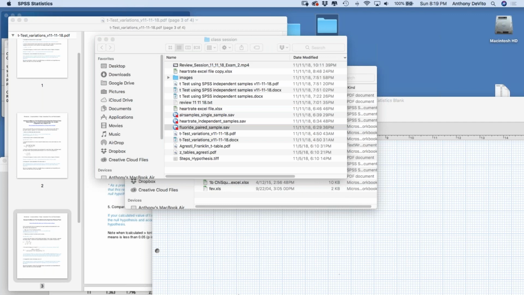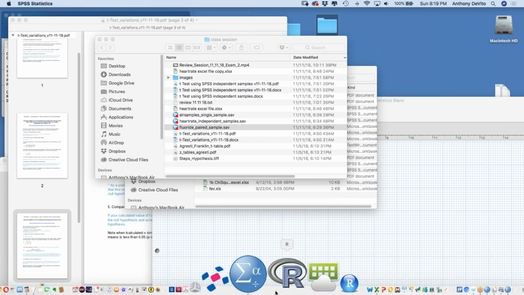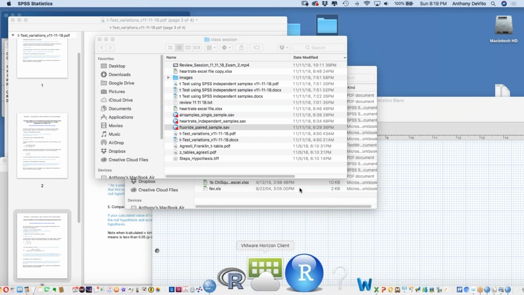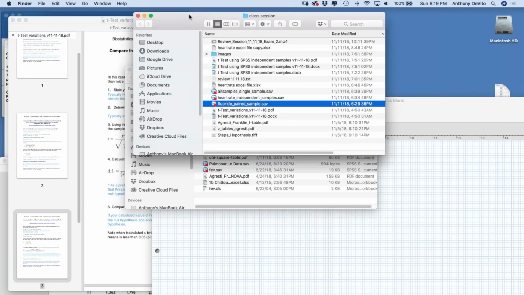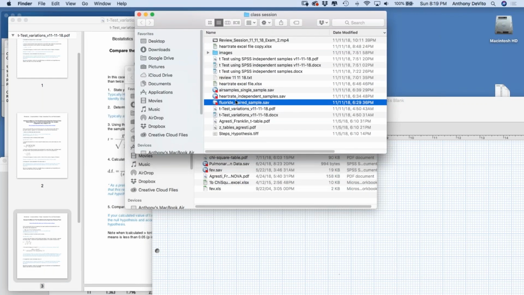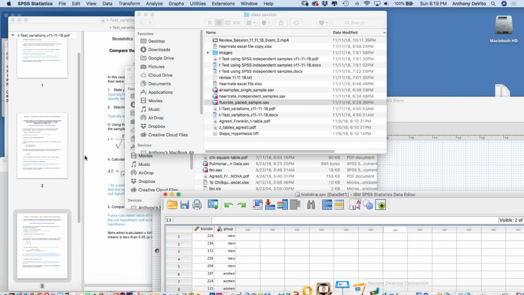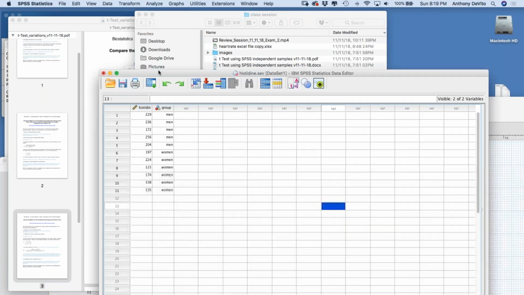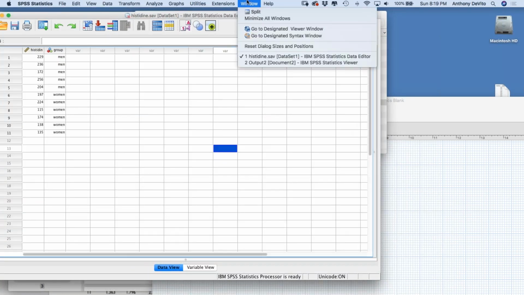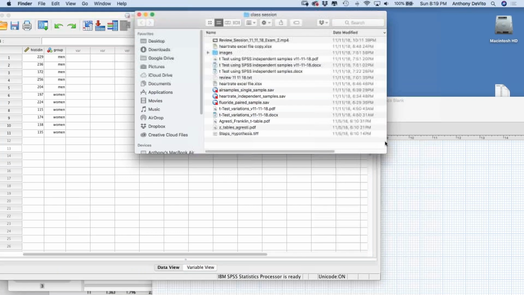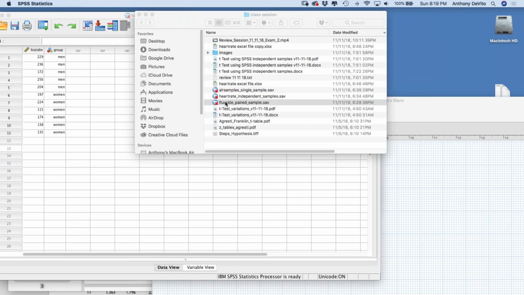Okay, I'm going to open this up in SPSS first, and I'm going to move the data into. There we are. Okay, so I'm looking for the new data file that I just opened. Nope, still hasn't opened up. Try it again. Looks like it wants to open up.